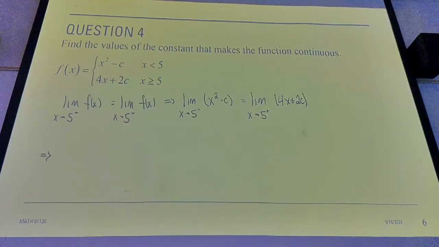So what is the left-handed limit equal to? Squared minus c. And what's 5 squared? 25 minus c.